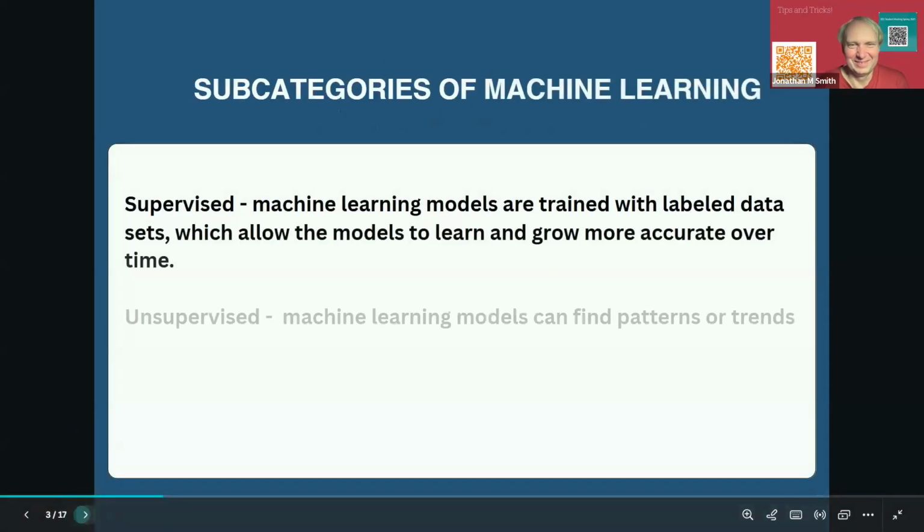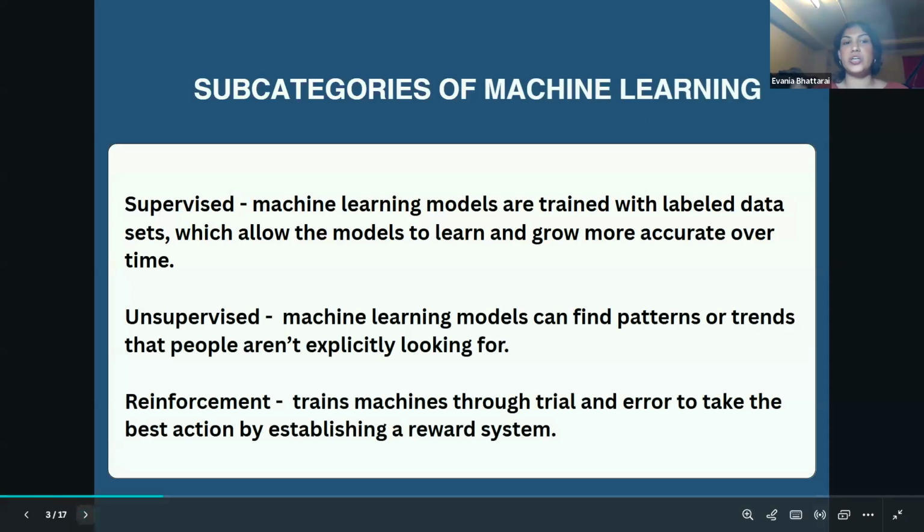There are 3 subcategories of machine learning. The first one is supervised. This is where machine learning models are trained with labeled data sets, which allow the models to learn and grow more accurate over time. The second one is unsupervised. Here models can find patterns or trends that people aren't explicitly looking for.